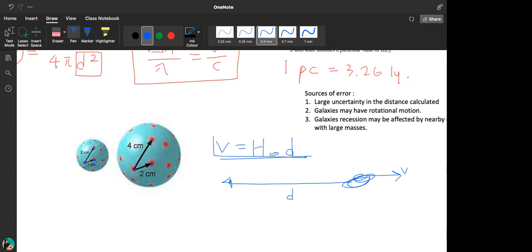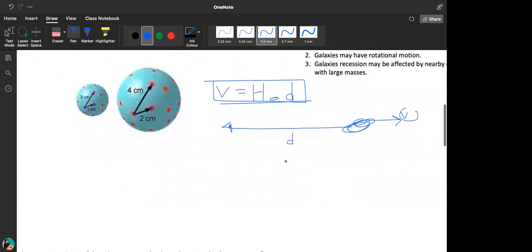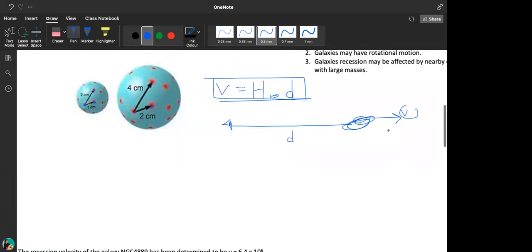Okay, this is Hubble's law. From here we can calculate what is the V based on the distance. So the fastest speed attainable is the speed of light, 3 × 10⁸. If I want to calculate how long ago this separation occurred, that means when the galaxy was here, then I would take speed equals distance over time.